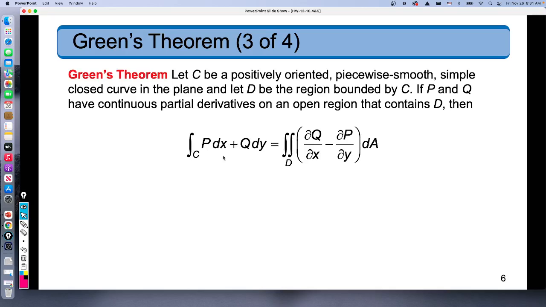Remember, we're doing the opposite. Whatever's with dx, we take its partial with respect to y, and whatever is with the dy, we take the partial with respect to x. It's the partial of Q with respect to x minus the partial of P with respect to y.